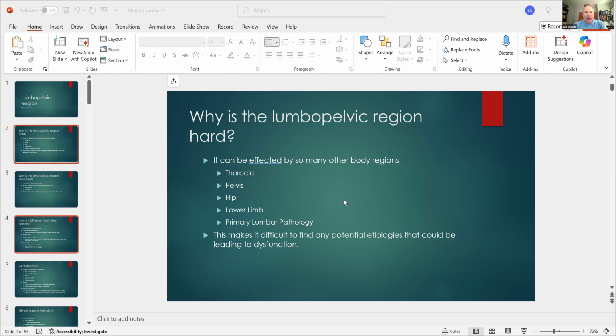So the problem with the TL junction is that because some of those components, particularly T12 on L1, function very similarly to the rest of the lumbar segments, that region could also potentially cause a sacral torsion, right? Because of its effect on psoas major and potentially on some of the short hip external rotators and how those dynamics counterbalance each other.